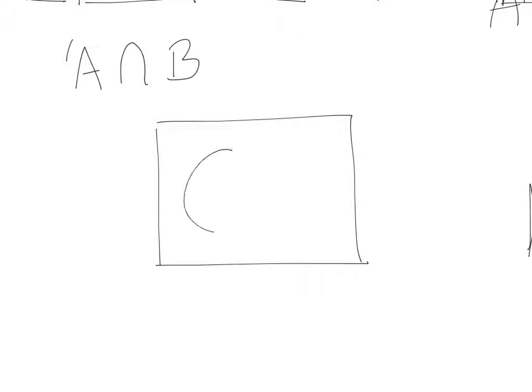Okay, so here we go. This is not A, intersection with B. So if we're drawing our Venn diagram, we draw our box, we draw A, and we draw B. Here's A, here's B. Always remember to label each one.